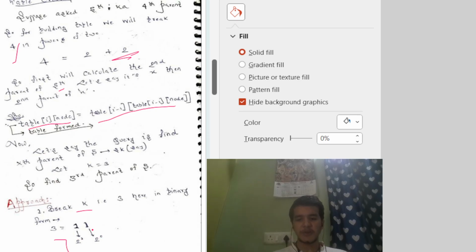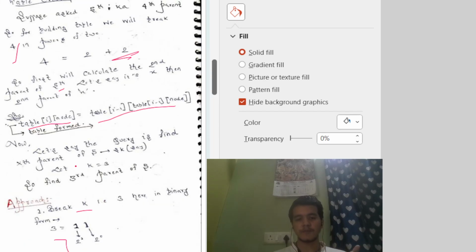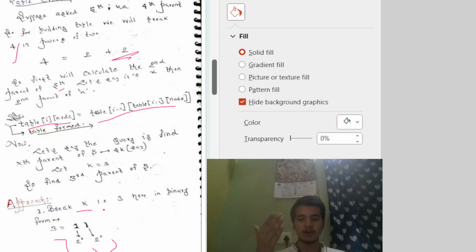What do these 1, 1 represent? We have broken k into two things, 2 to the 0 and 2 to the 1. First we will find the 2 to the 0th parent of 5, let's suppose that is sk. Then for the value we have got, we will find its 2 to the 1th parent. Are you getting my point?